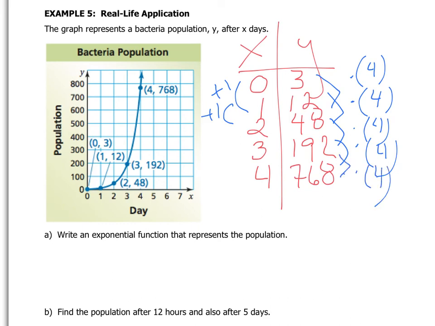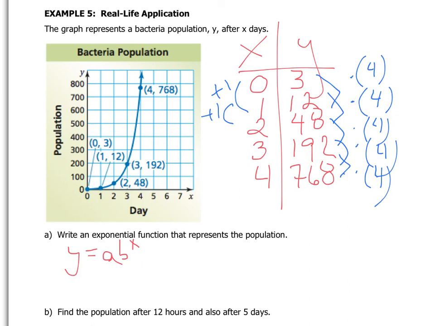Okay, so now we go to the model, y equals a b to the x power. We just said in the previous example that the a is our y-intercept. Now, on the graph it kind of looks like the y-intercept might be at (0, 0), but we were given the point (0, 3).